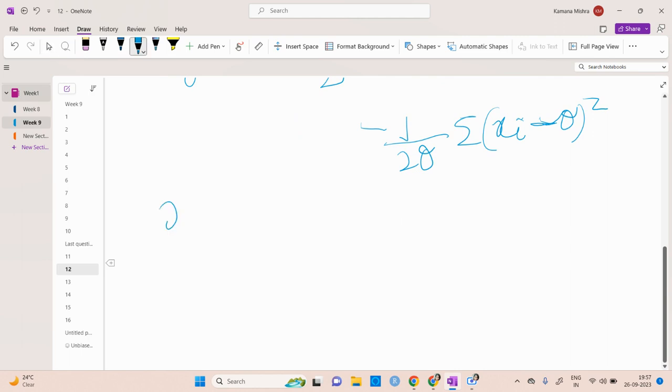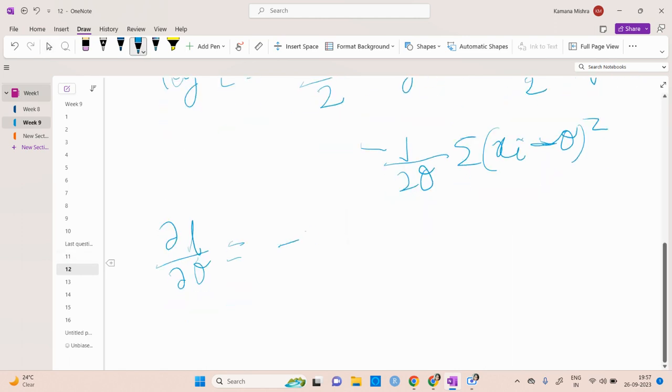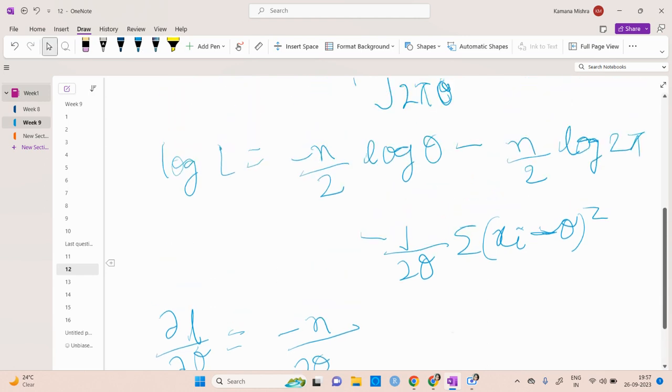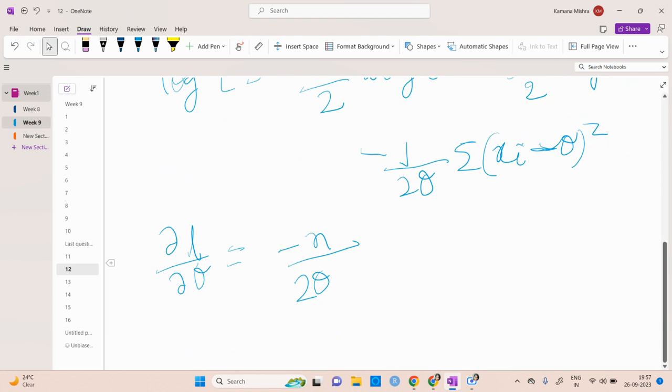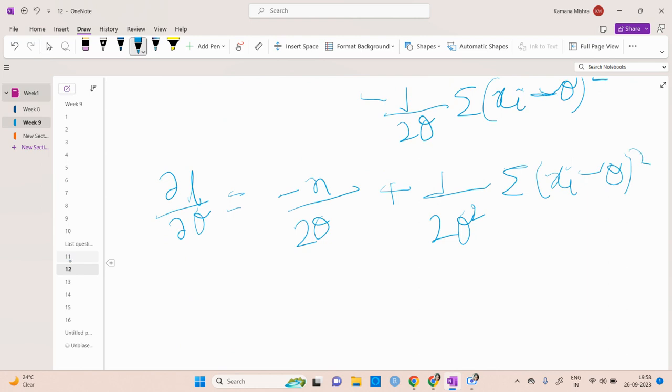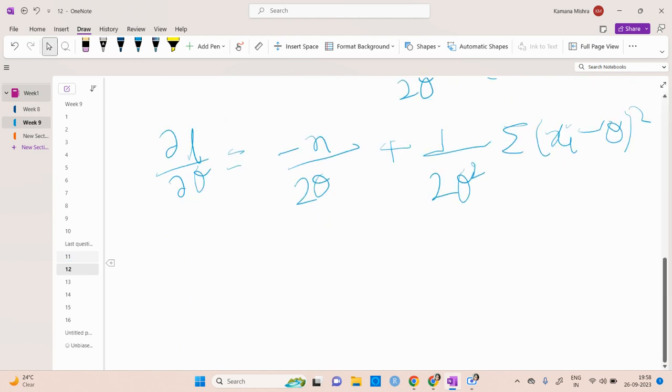So now del L by del theta will be equal to what? Minus n by 2 theta, right? And then this one will be 0, this one will be plus 1 upon 2 theta square summation xi minus theta whole square, right?